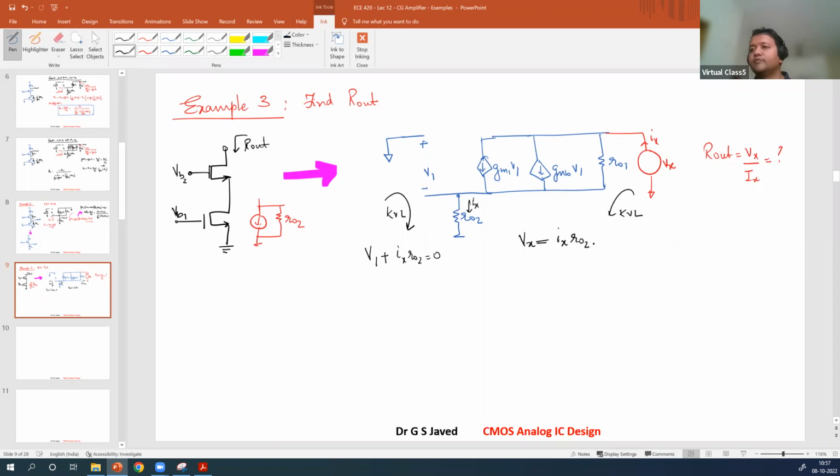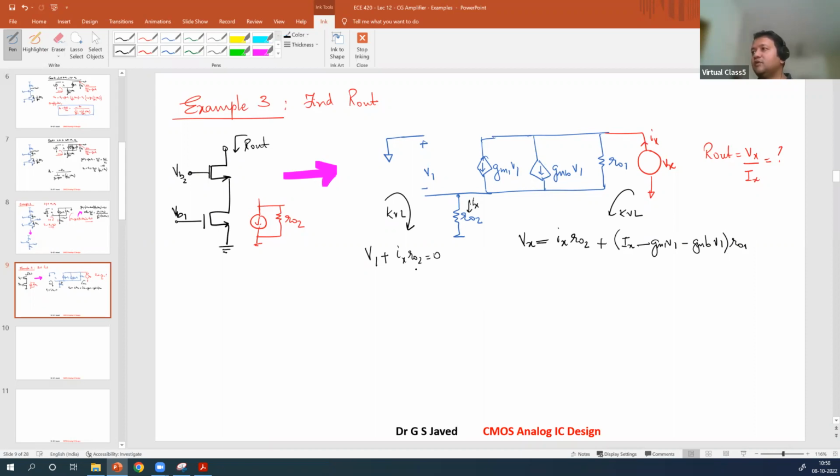Ix RO2, right? You have covered this portion. Now find out this portion. What is that value? Ix minus these two currents, GM1 V1 minus GMB V1. This current minus these two currents is the current flowing through this resistor. Now that multiplied by RO1.